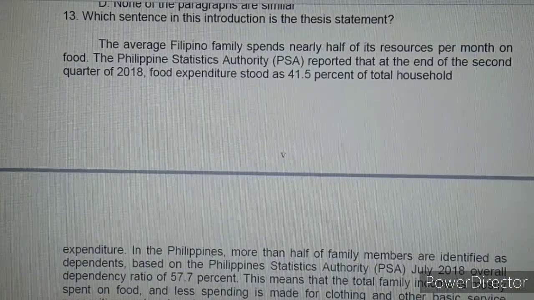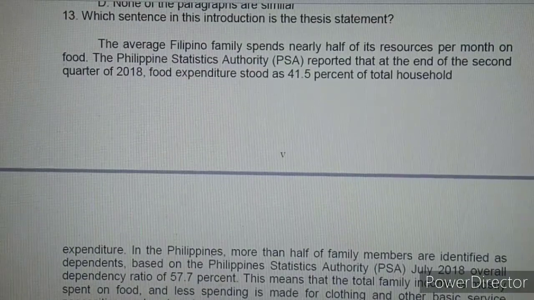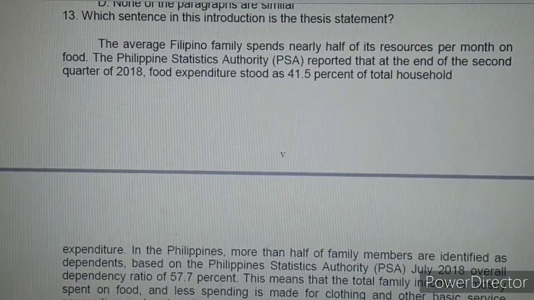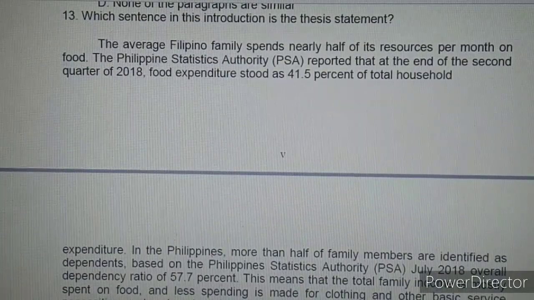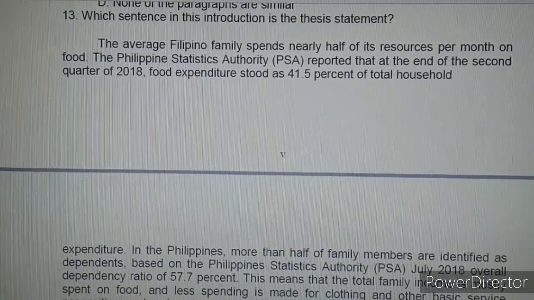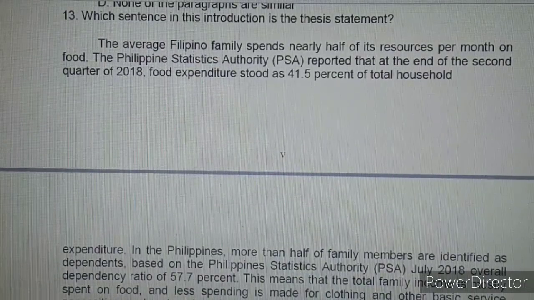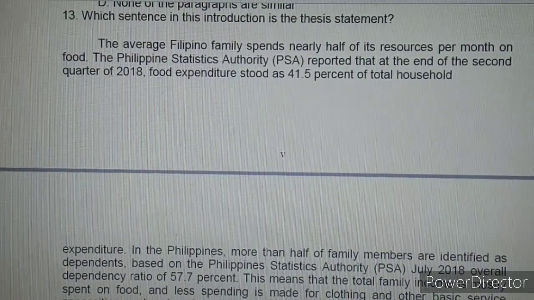Okay, the average Filipino family spends nearly half of its resources per month on food. The Philippine Statistics Authority, or PSA, reported that at the end of the second quarter of 2018, food expenditure stood as 41.5% of total household expenditure.